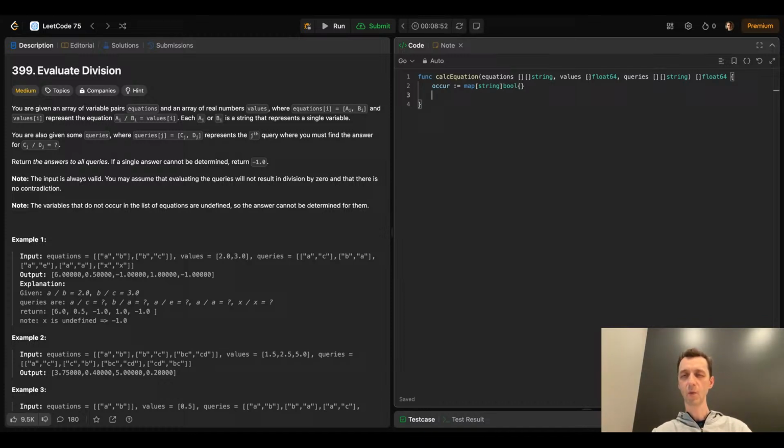We can look at the queries that don't occur in the list of equations, which are undefined. We can go through the equations, ranging over them.